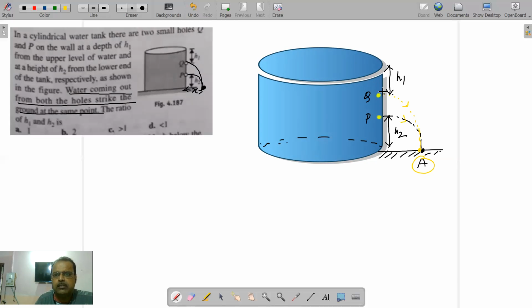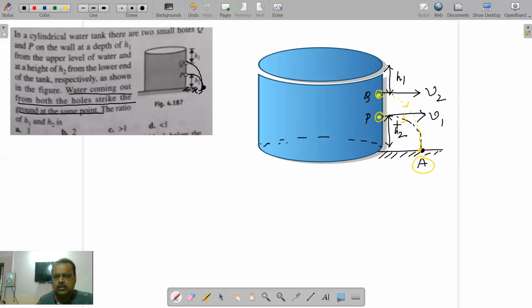Now what are we going to do? We are going to use Bernoulli's theorem at these two points. Suppose we consider the velocity of water coming from this point as V2, and this one as V1.